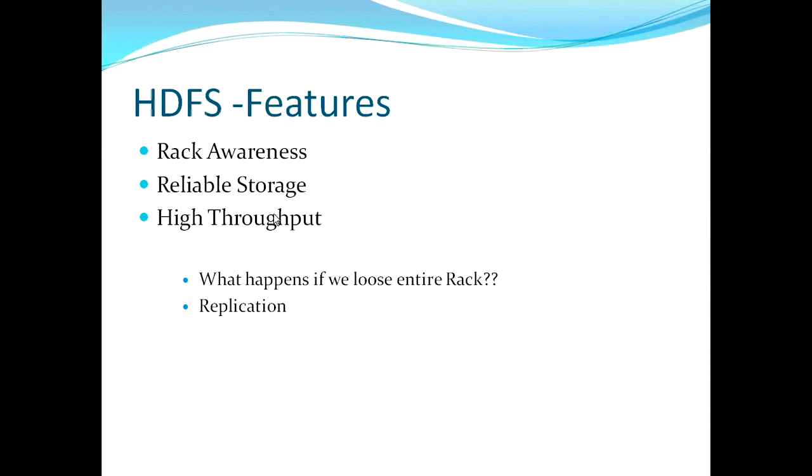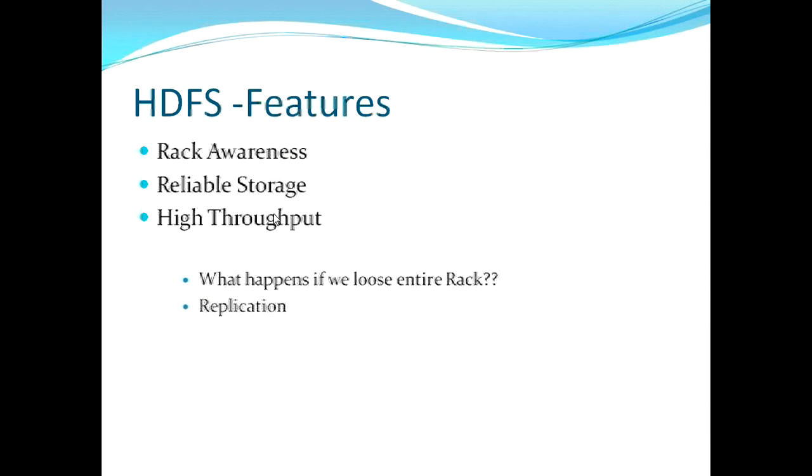HDFS features: it is mainly rack aware, with reliable storage and high throughput. We'll see why I said all this. What happens if we lose an entire rack? The name node ensures data is replicated in multiple nodes. Replication means copying the same file twice or thrice. Typically, Hadoop uses a replication factor of three.